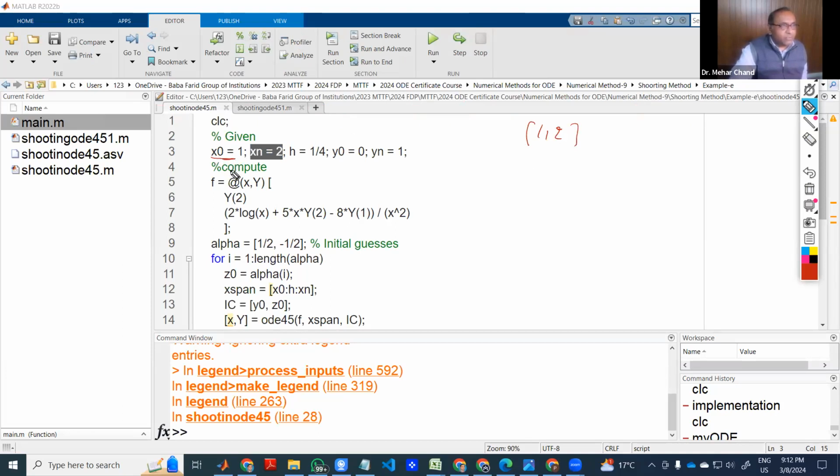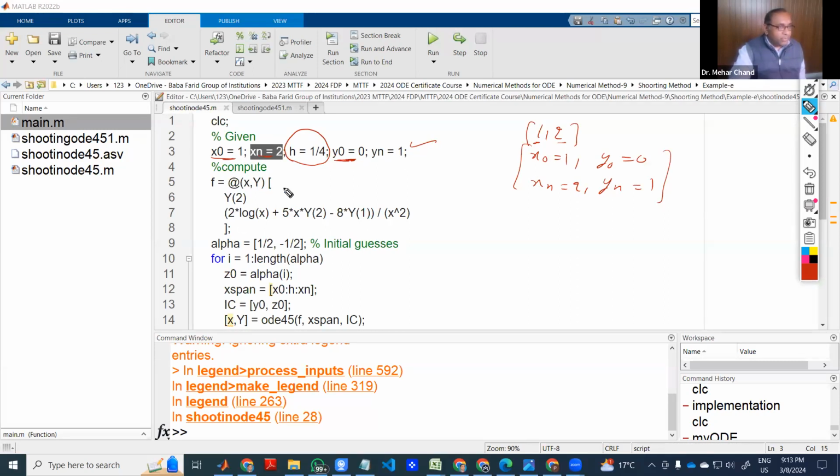So x naught is equal to 1, and the last value is xn equal to 2. H we are choosing as 1 by 4. When x naught is equal to 1, y naught is equal to 0, and when xn is equal to 2, yn is equal to 1. These are the given values, so we put them at this place.